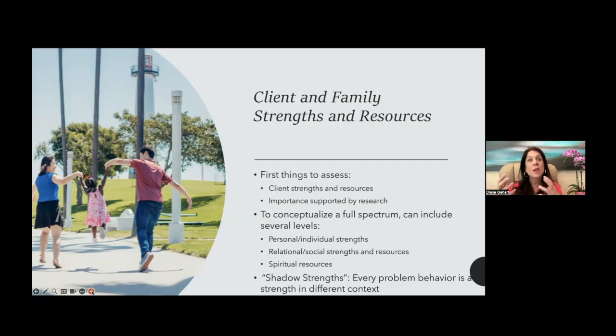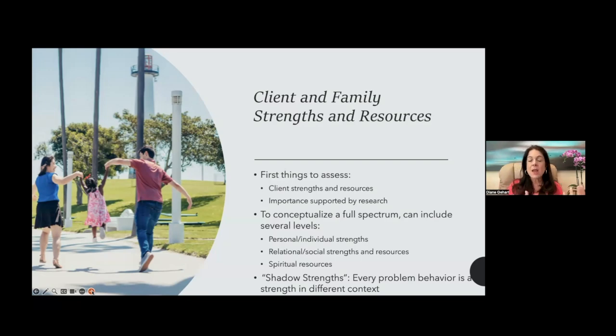And people who tend to be depressed, right? Research has shown that they are more accurate in assessing pros and cons and challenges in a given situation. So they tend to be accurate in assessing what's going on, right? They tend to be deep thinkers. They tend to be reflective.